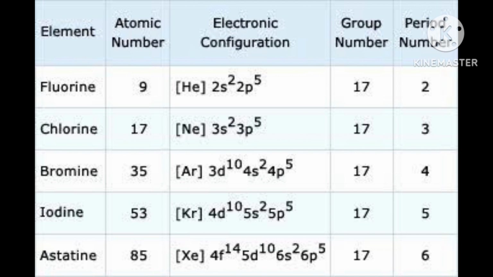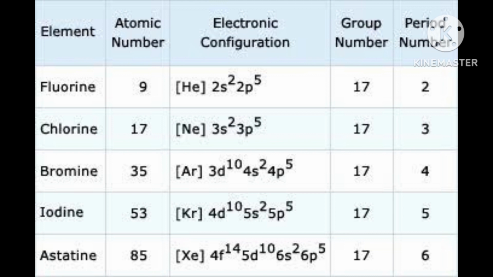Chlorine is less, 1256. Bromine slightly less, 1142. And iodine is further less, 1008. Astatine is not known. It is a radioactive element.